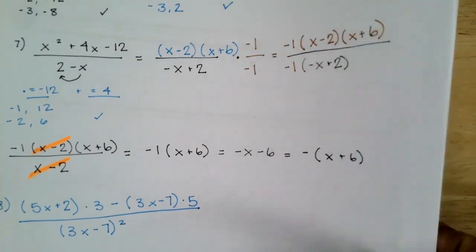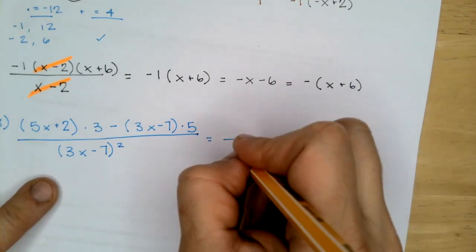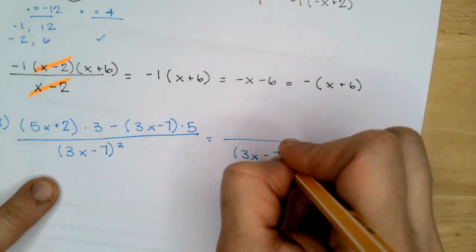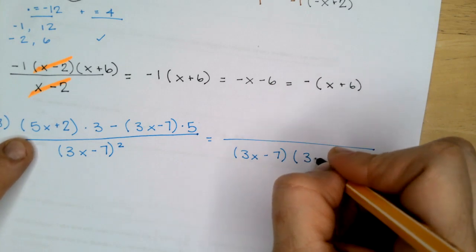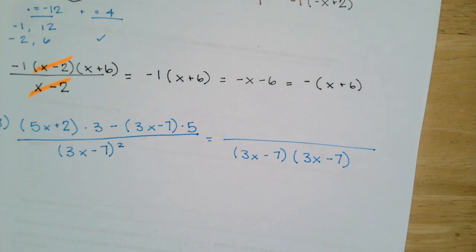Good. What you want to do here is write out that 3x minus 7 as 2 terms, because hopefully one of your terms on the top will be 3x minus 7, and you can get rid of 1.